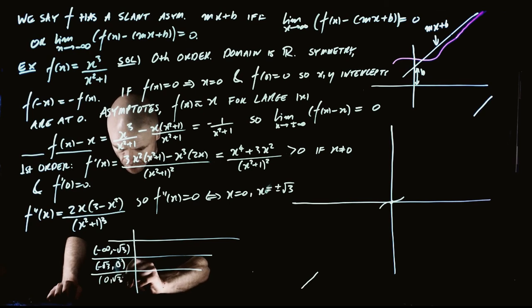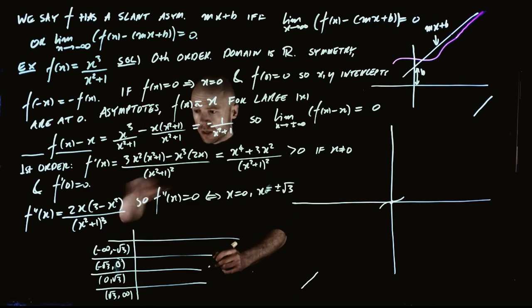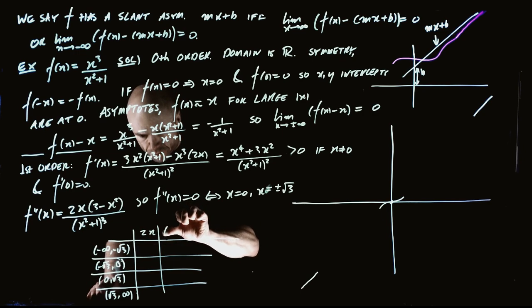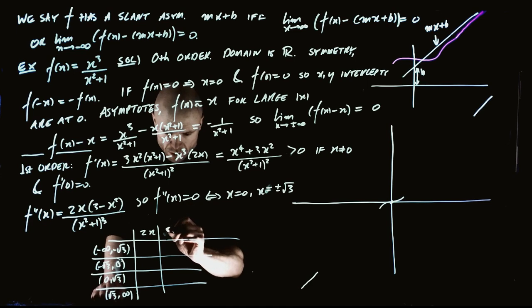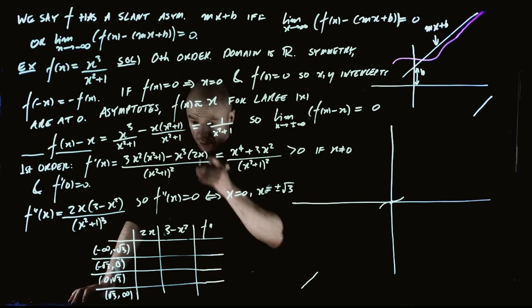From 0 to root 3, and then from root 3 to infinity. And then we put the terms we have. So we have 2x right here. We have 3 minus x squared right here. And then let's put the second derivative expression right here.